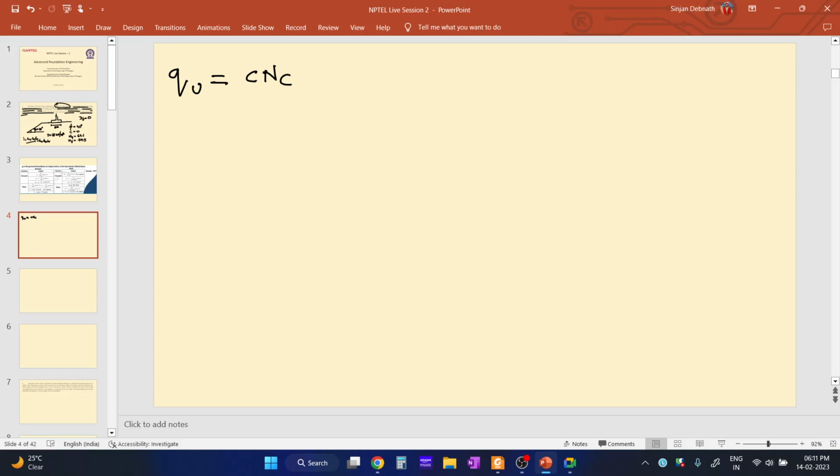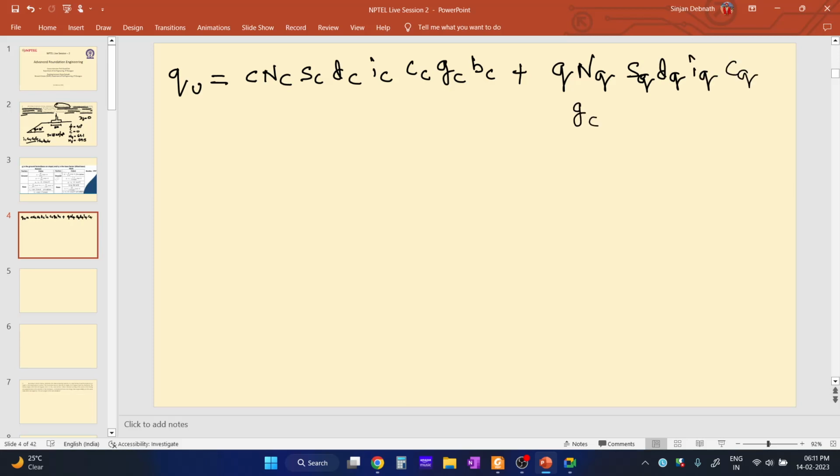c Nc into shape factor, depth factor, inclination factor, compressibility factor, sloping ground factor, and the tilt base factor. The rest two terms are also like this: q Nq and all the factors Sq, Dq, Iq, Cq, Gq, and Bq.